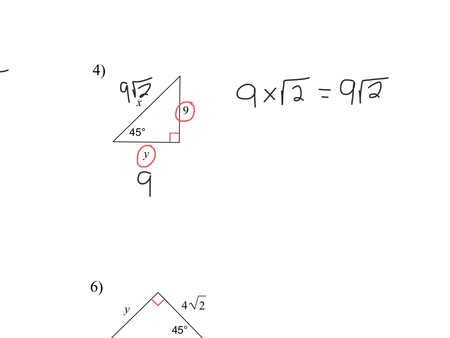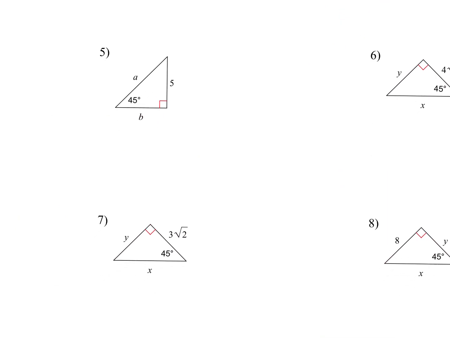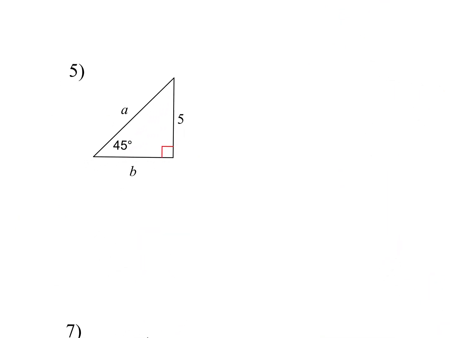Okay? Go ahead and try 5 through 8 on your own. So looking at number 5, what's the first thing I want you to do? Circle your legs. Which ones are our legs on number 5? 5 and B. Those are our legs. Okay, so since I circled them, what do I know about them? They're the same. So if this side's 5, the other side is also 5. Okay, so now what are we looking for?